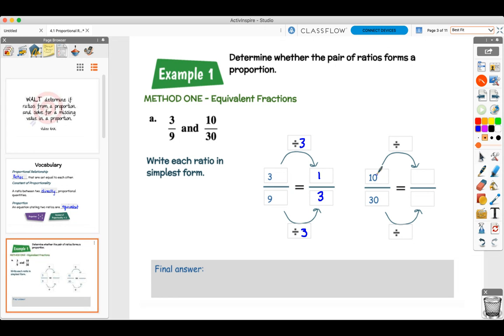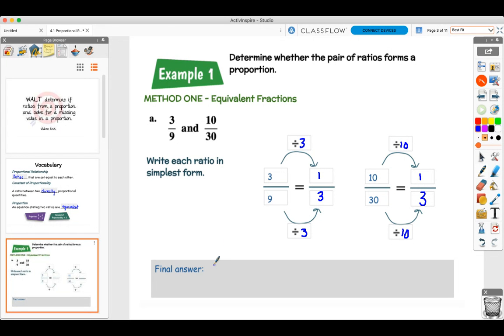Same thing over here. You have 10/30. What's the highest number that divides into both of these? That's going to be 10. So 10 divided by 10 is 1, and 30 divided by 10 is 3.